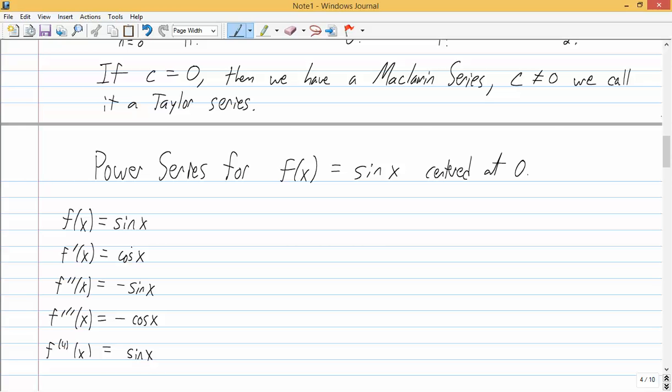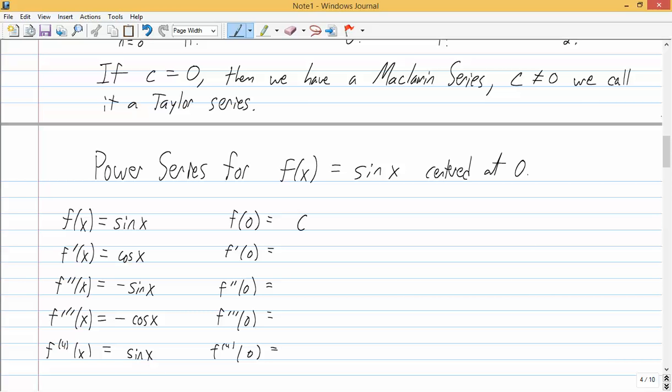Alright, so I'm going to stop there. And now if I'm centered at 0, that means this is a Maclaurin series. So I need to find f of 0, f prime of 0, f double prime of 0, f triple prime of 0, and the fourth derivative evaluated at 0. And you'll see a pattern form.